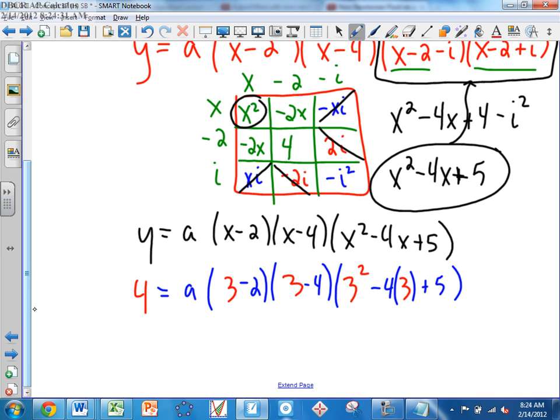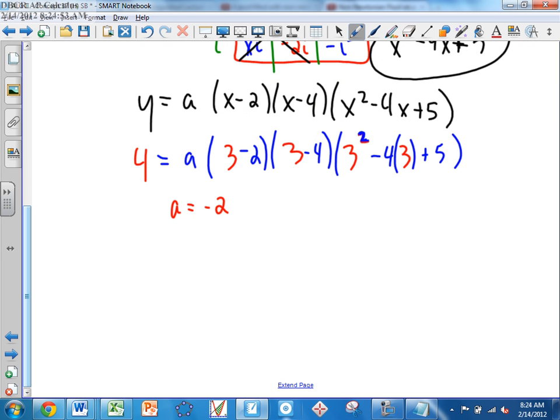Now, solve, multiply, solve for a. What'd you get? Negative 2. I got negative 2 here. Negative 2?